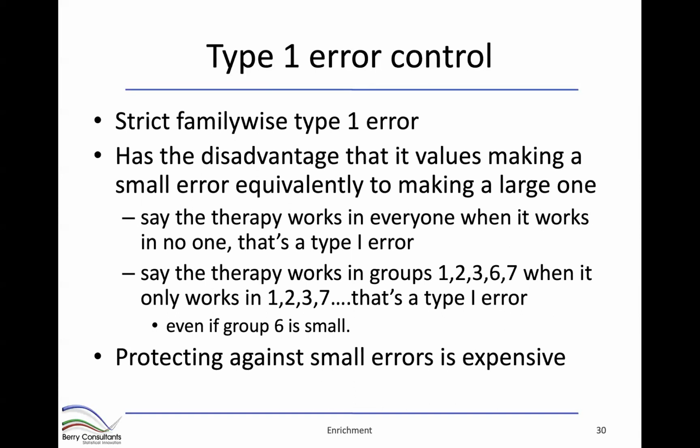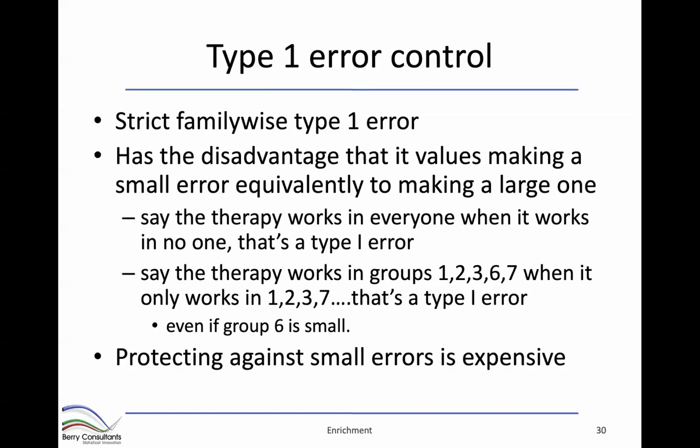We said it worked in group 6 and it didn't work in group 6, so we've made this type 1 error. However, that's a much smaller mistake than what we originally were protecting ourselves against with the 2.5%: it truly works for no one, and we say it works for everyone. This mistake, where we missed group 6 but got everything else right, is a much smaller error. So it's possible that we want to actually protect these kinds of errors at a lower level.